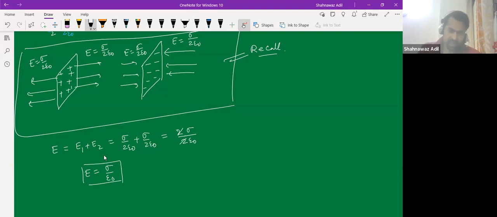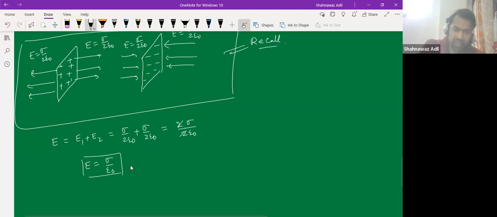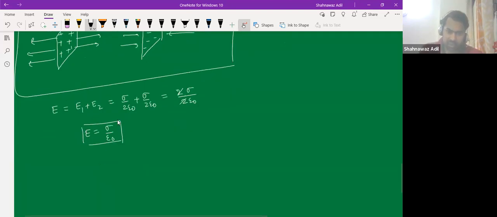Now we know the electric field. Can you tell me what is the surface charge density? How do we write surface charge density?